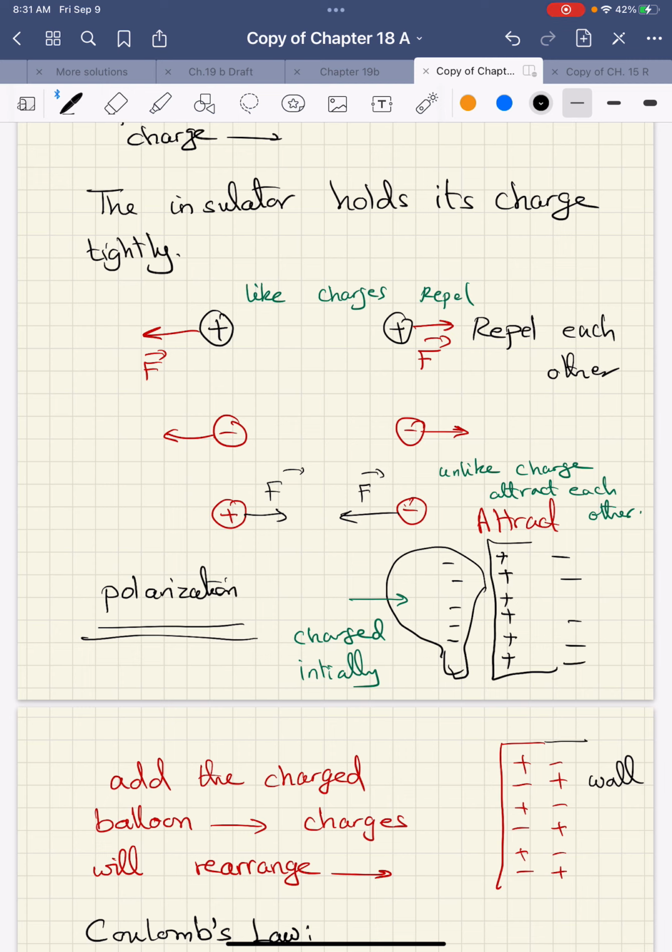When I bring the balloon next to the wall, we find that the positives are going to be on the surface attracted to the negative, and the negatives in the wall are going to move away. Therefore this rearranges the charges, and this is what we call polarization.